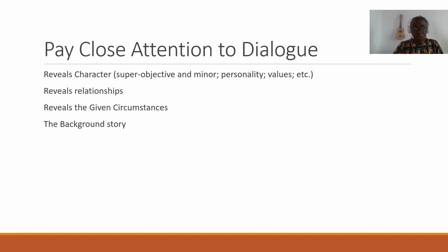The dialogue is what the playwright uses to express thought, to express relationships, to express the character's motivations, their objectives, and all that. And that is what transpires amongst the characters throughout the play.